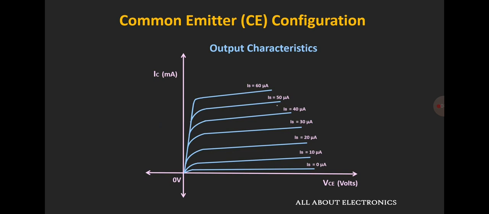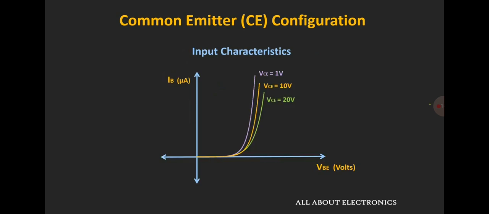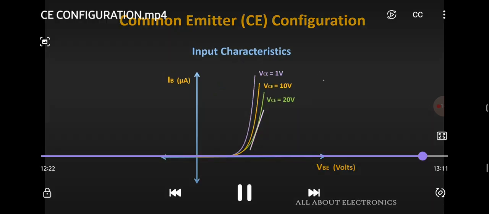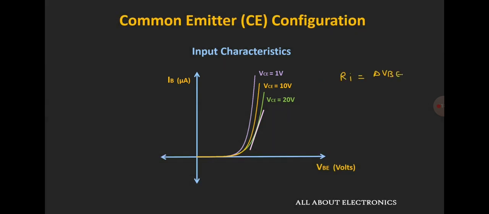Similarly, the input impedance is typically in the range of kilo ohms, and that can be found by finding the slope of this input characteristic. So here this input impedance or the input resistance can be given as delta VBE divided by delta IB.